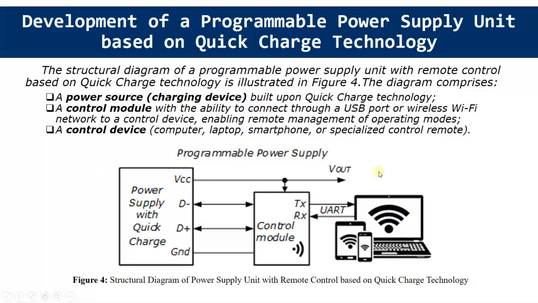The diagram comprises a power source charging device built upon quick charge technology, and a control module with the ability to connect through a USB port or wireless Wi-Fi network to a control device, enabling remote management of operating modes. The control device can be a computer, laptop, smartphone, or specialized remote control.